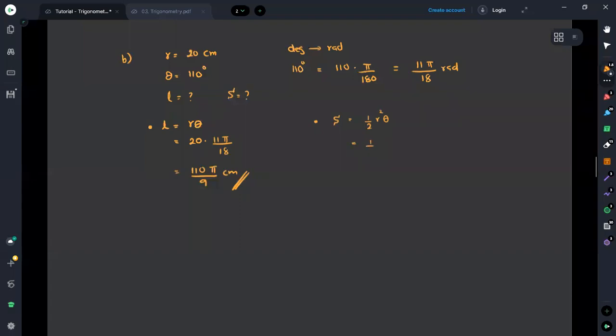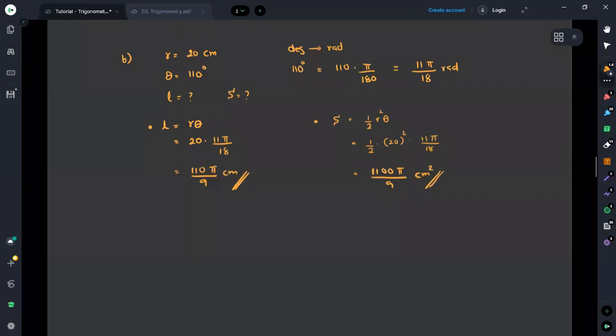Using the suitable substitution, we have half times r squared, which is 20 squared, times theta, which is 11 times 5 over 18. This leads to the value 20 squared multiplied by 11 times 5 divided by 18, divided by 2, which gives 1100 times 5 divided by 9 square centimeters.